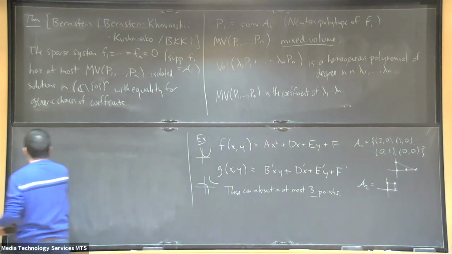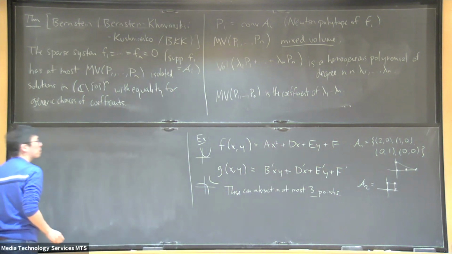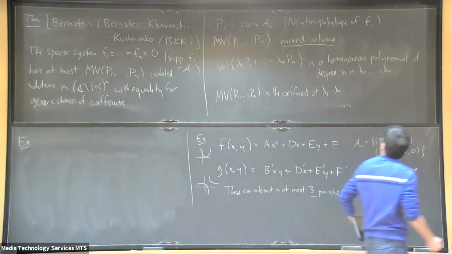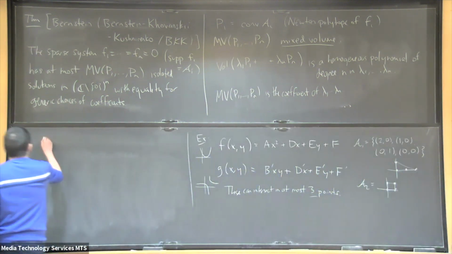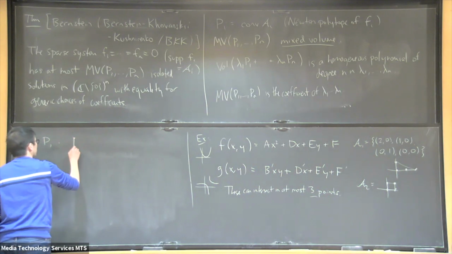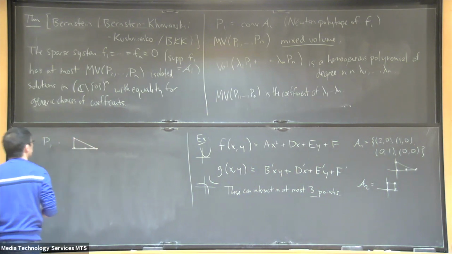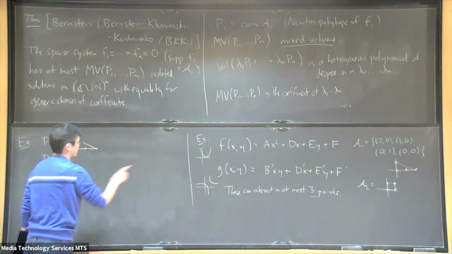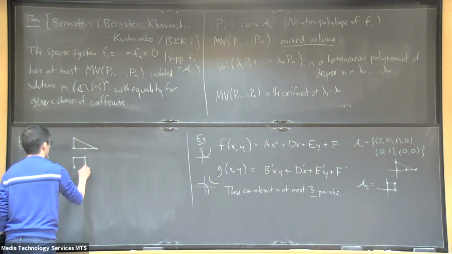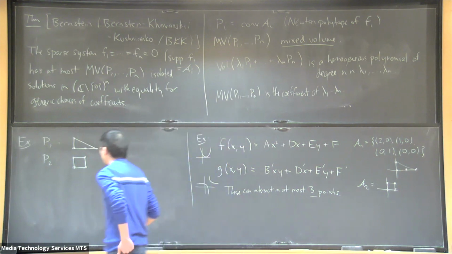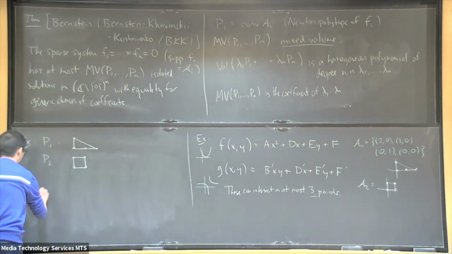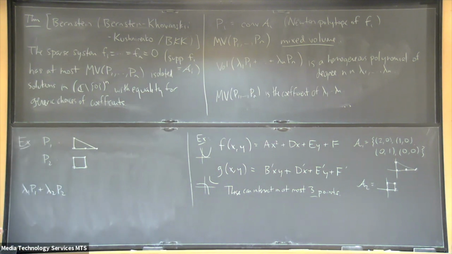So P1 is going to be, again, the convex hull of these 4 points here. So that's just going to be this triangle like so. P2 is just going to be that square. Okay, and then I want to take this linear combination, where I take lambda 1 P1 plus lambda 2 P2.